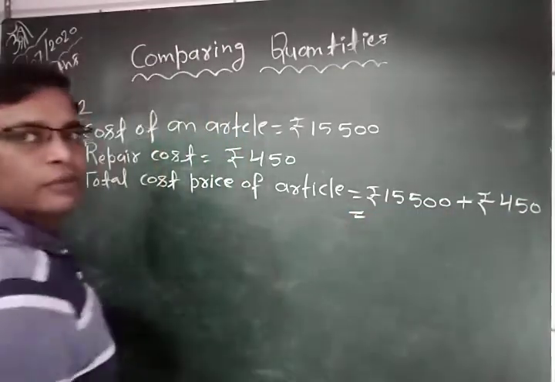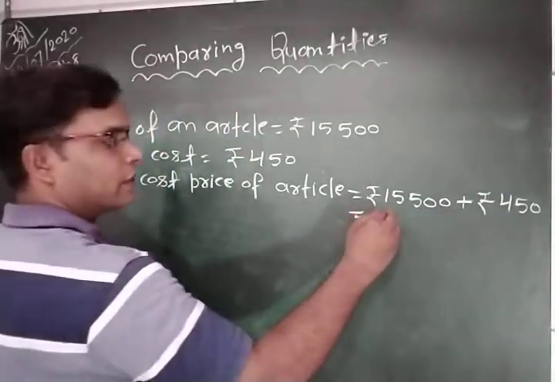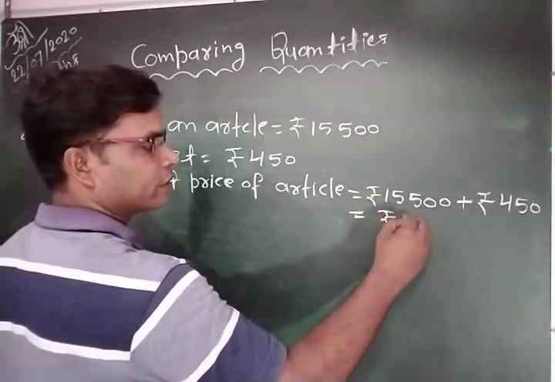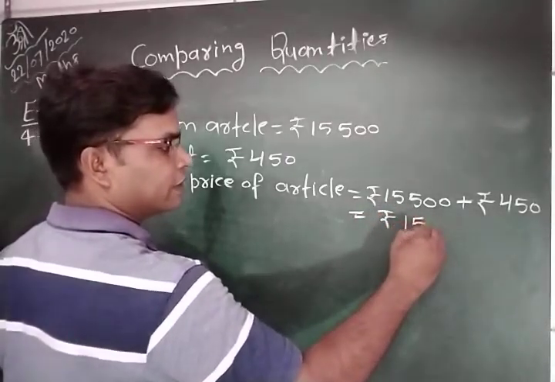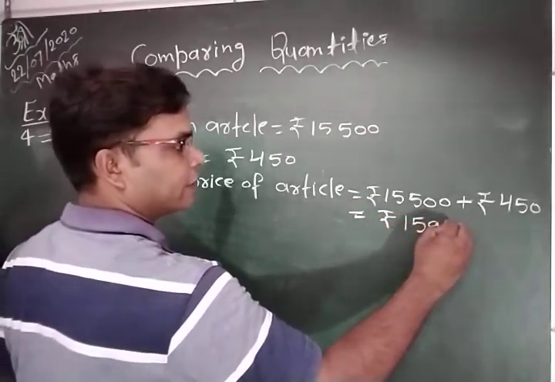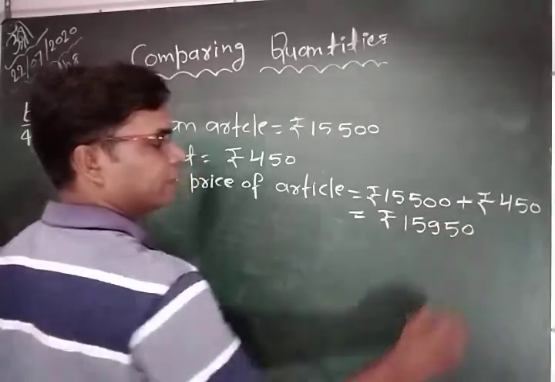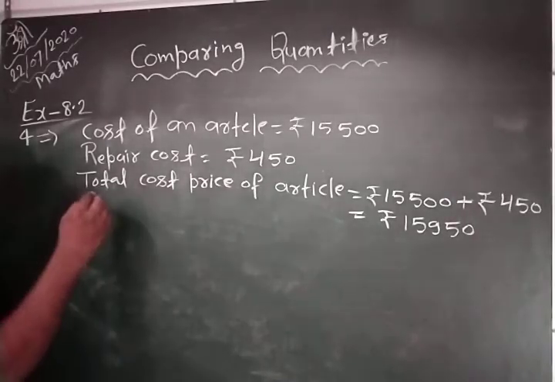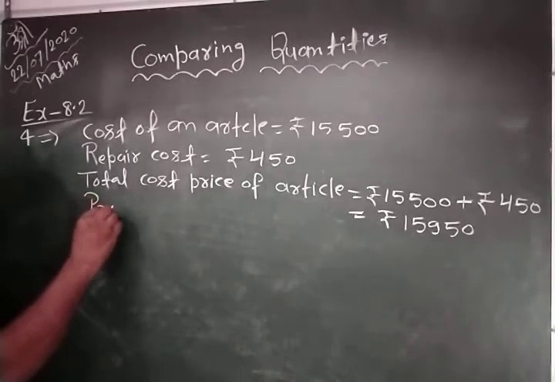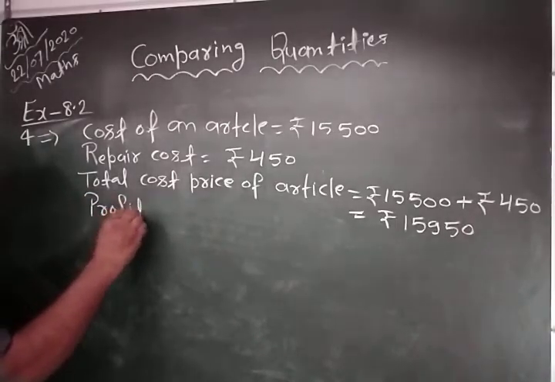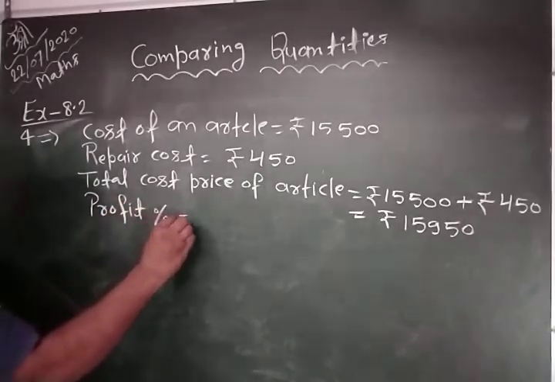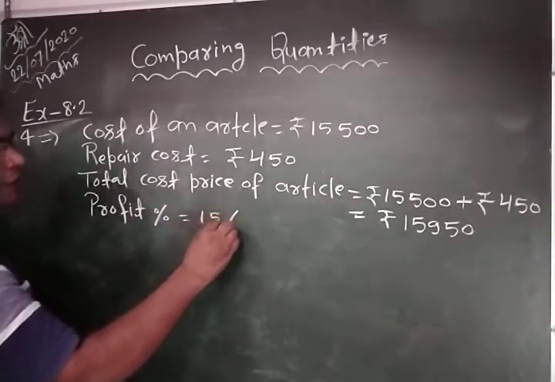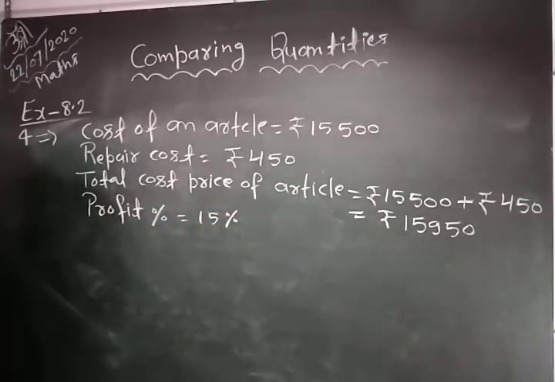Okay, to sum it you obtain rupees 15,950. Clear? Now the profit percentage is given here, 15%. So you find the profit.